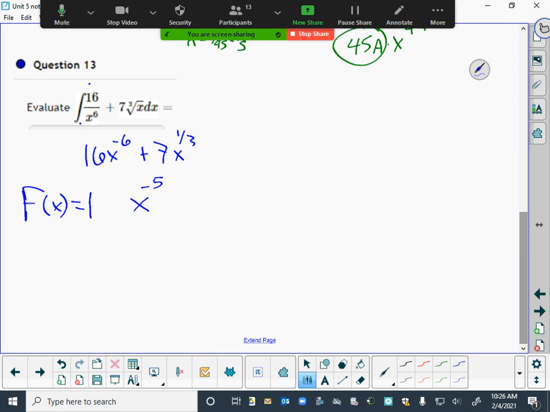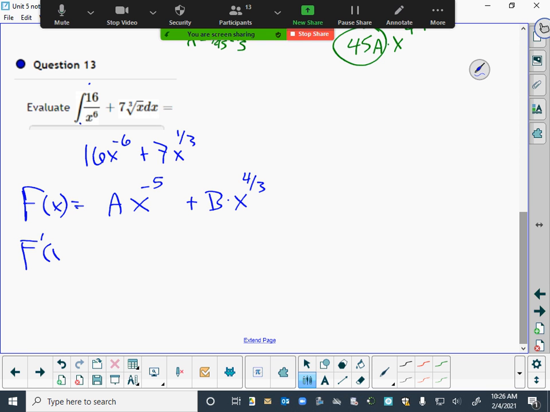So it would have been as an a times, we'll kind of work it out the longer way here, a times x to the negative 5th plus b times x to the 4/3. So when I take 1 off of each of these powers, I get the x to the negative 6 and the x to the 1/3.